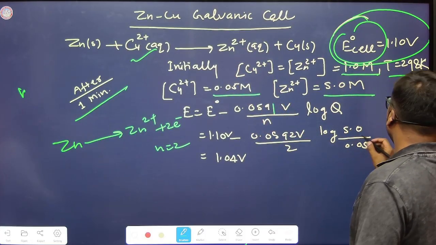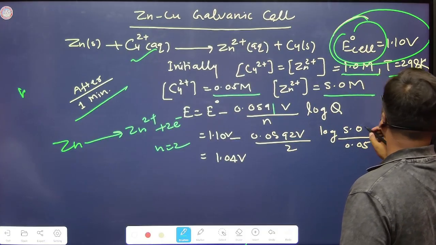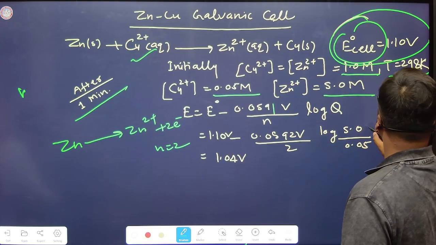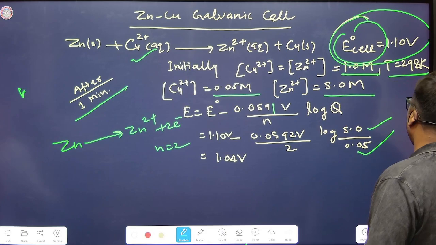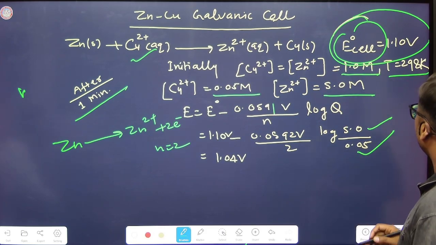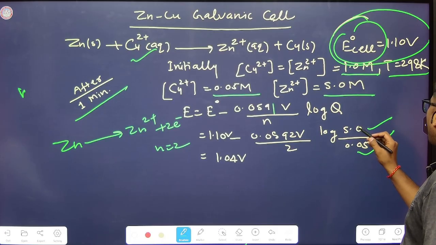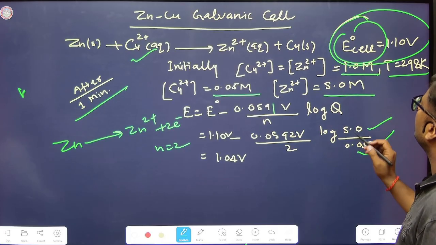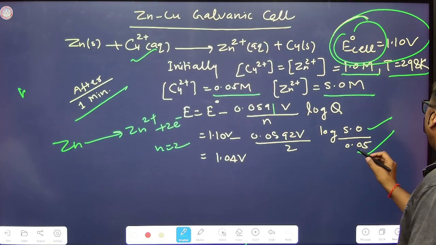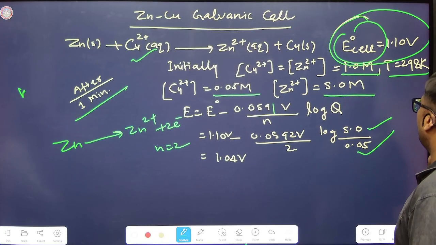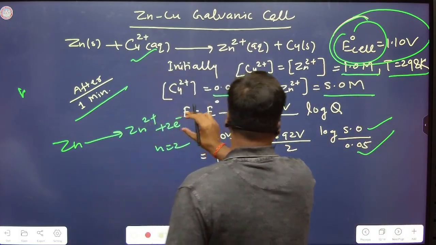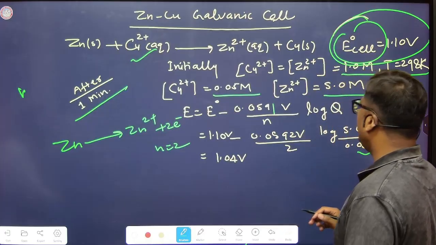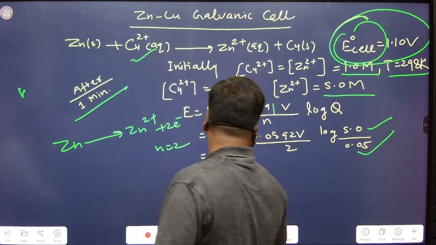And in log Q, the value of zinc 2 plus is 5 molar and the value of copper 2 plus is 0.05. So after 1 minute the concentration of zinc 2 plus is high, 5 molar, but the concentration of copper 2 plus is very low, 0.05 molar. After putting these values in the Nernst equation, what do we get?